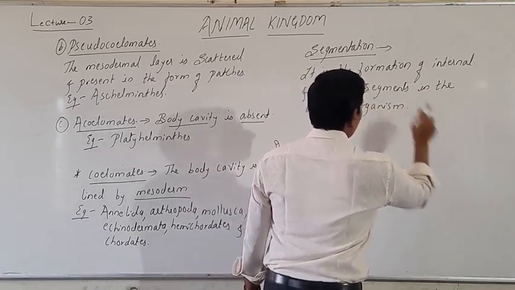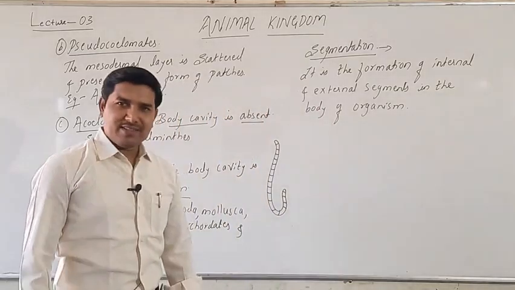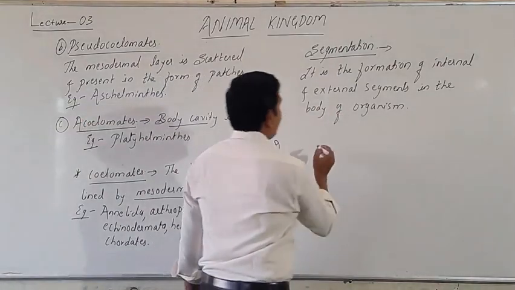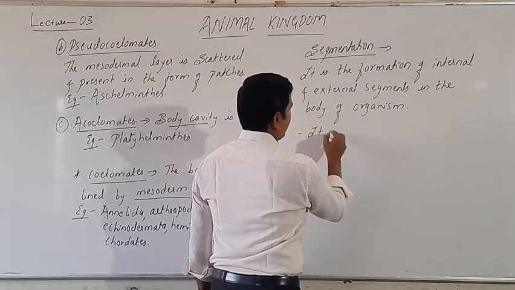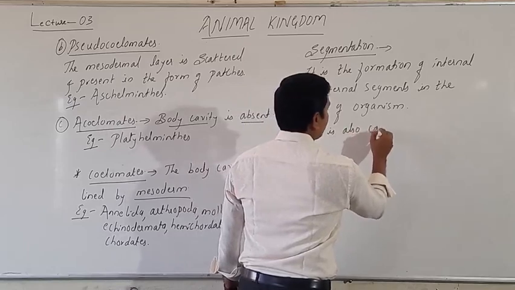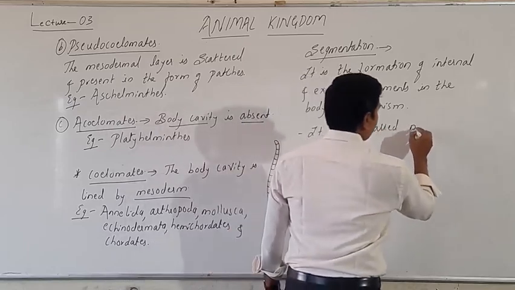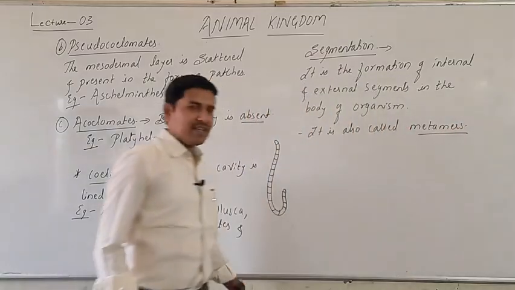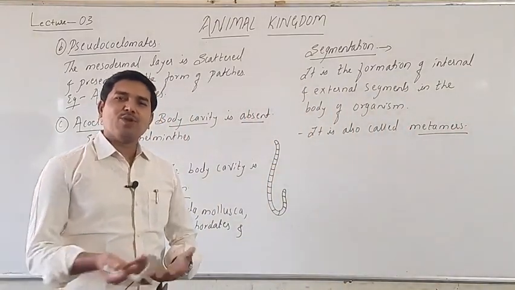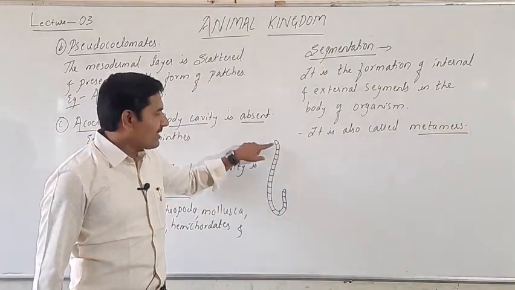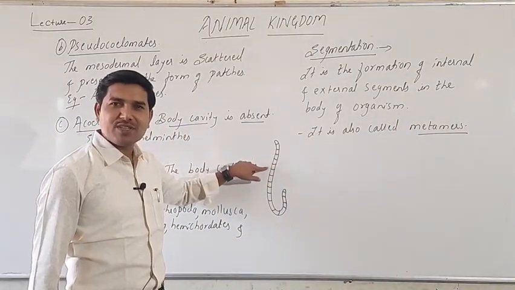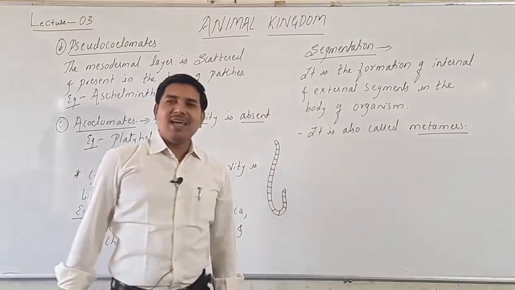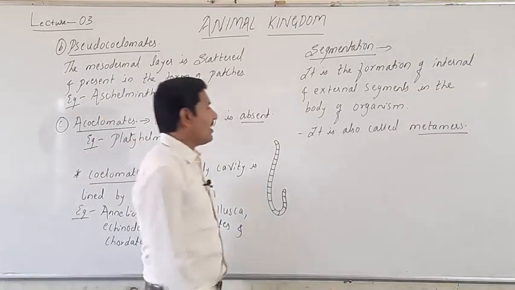It is not found in all organisms, it is found in few organisms, like earthworms, Annelida. We also call these metamers, and the process of formation of metamers is termed metamerism. Okay, so with this we will move on to the last definition. The last definition is notochord.